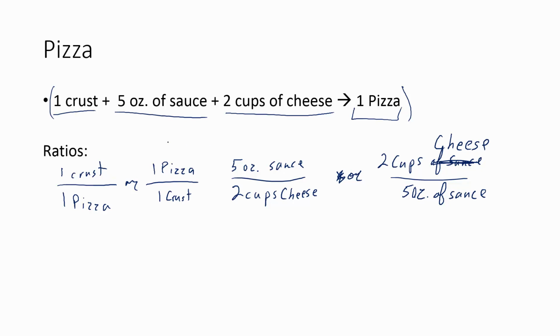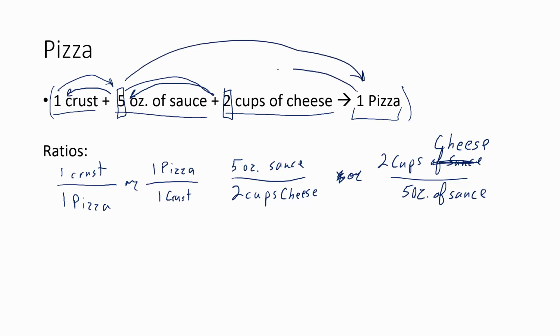So the main idea here is that I can make any comparison I want: 5 to 2, 2 to 5, 1 to 5, 5 to 1, 5 to 1 pizza, 1 to 2 cups of cheese. Whatever I need, I can make that ratio and use it to convert between elements of this equation just by using the coefficients in front of those individual items.